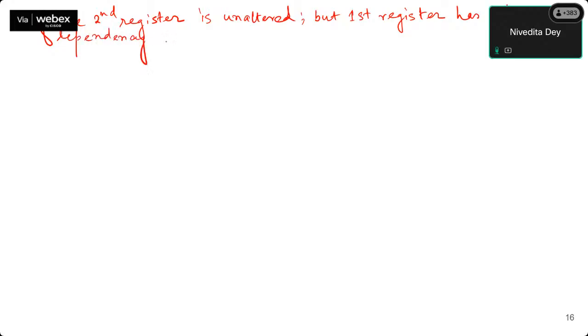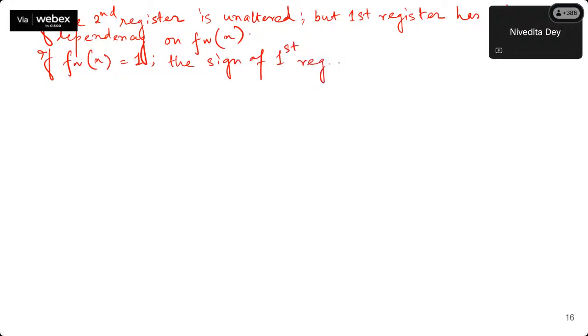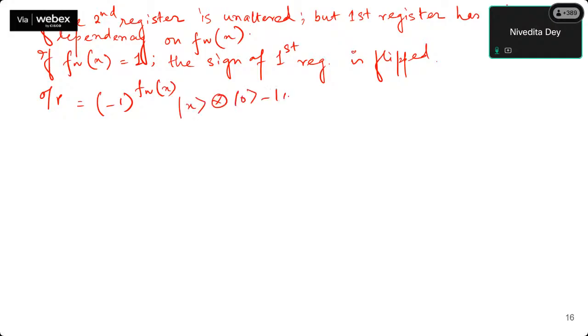Okay, phase dependency on f_w of x. That means if f_w(x) is equal to 1, the sign of the first register is flipped. So the output will be something like this. This is the first Grover oracle that we are talking about. So this was my case.